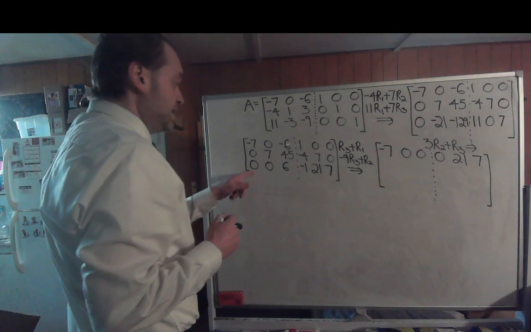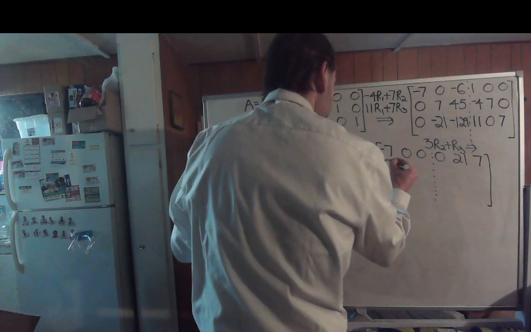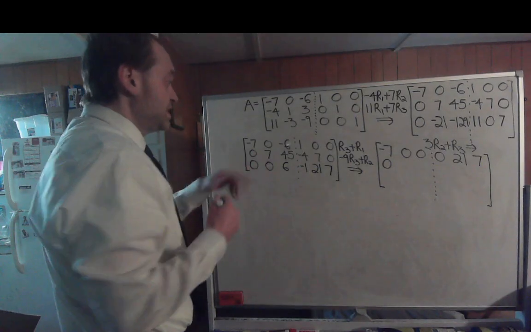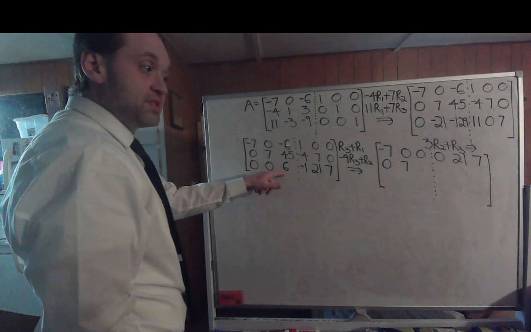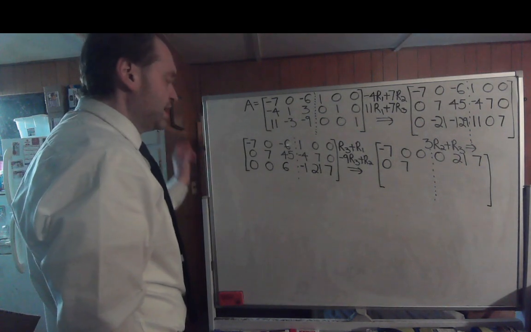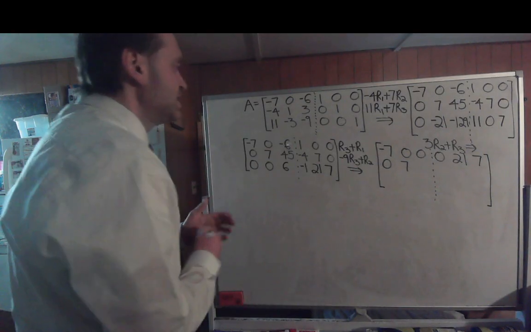So, negative 9 times 0 is 0, plus 0 is still 0. Negative 9 times 0 is 0, plus 7 is still 7. And then negative 9 times 6. Oh my gosh, I did that wrong. No, I see what I did, guys.